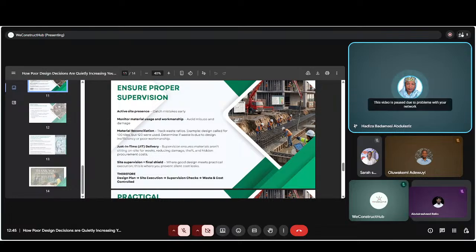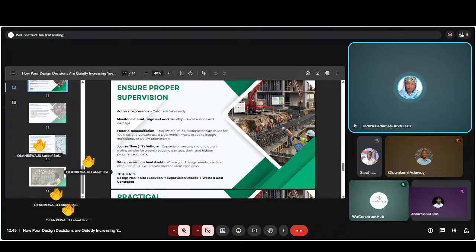Just to elaborate on that one, just-in-time means that your material comes at the time that you want to use it. Don't go and buy material and just stock it on your site. I believe that if you create supply relations, this is a very important aspect of strategic procurement.